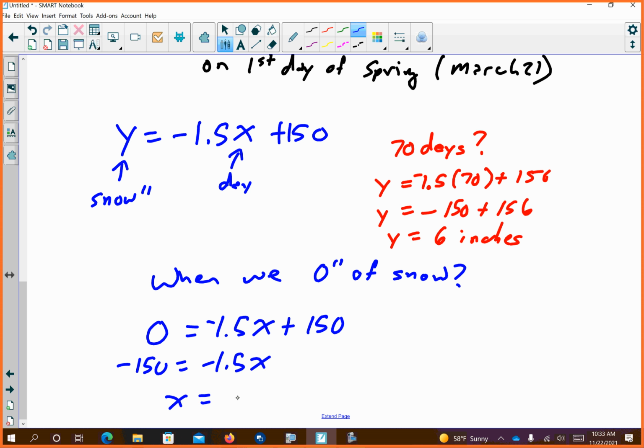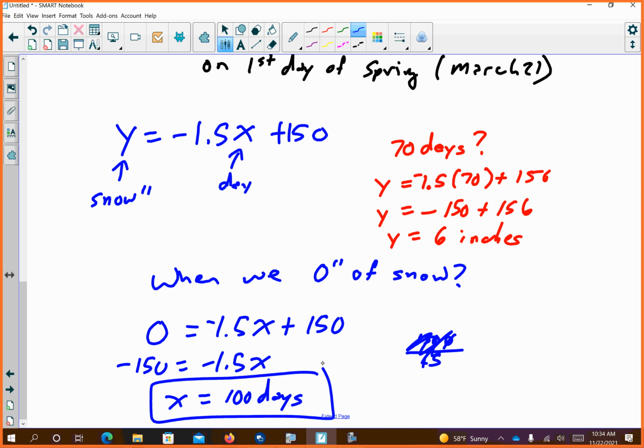Looks like, what is 150 over 1.5? Okay, let's see. Is it 100? Is that what you get? So after 100 days, we're not going to have any snow up there. We're well into summer.